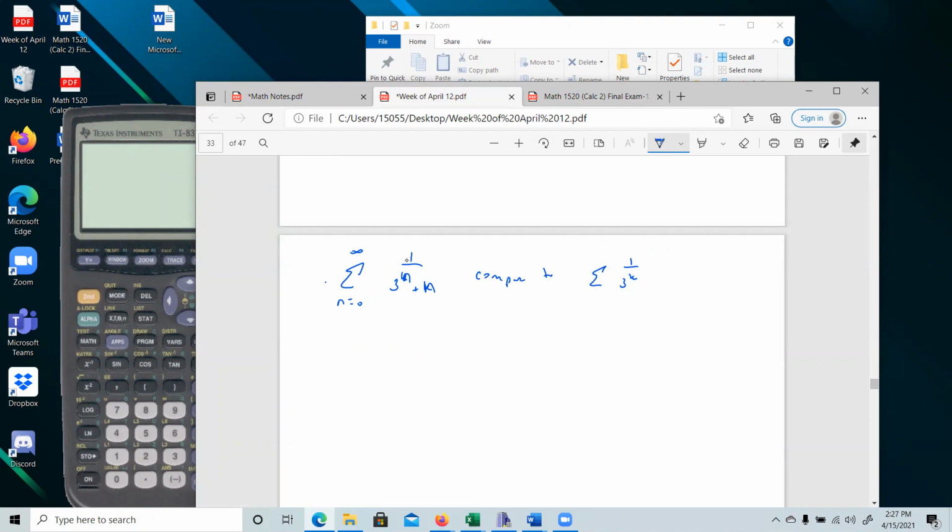We have to test a couple of things. The idea is, we'll call this b of n, and we'll call this a of n. If b of n is always greater than a of n, so all the terms here are bigger than the terms here, and b of n converges, then a of n will converge.